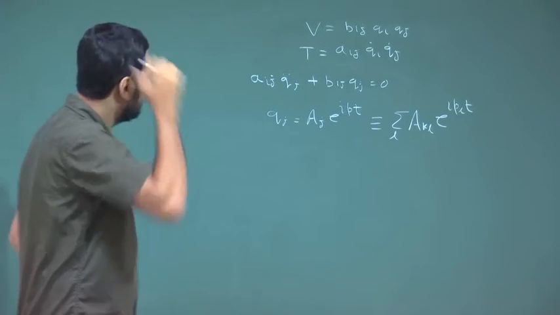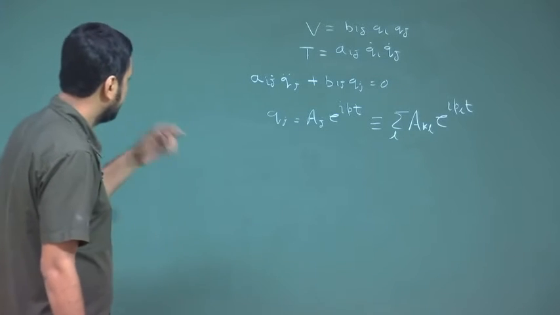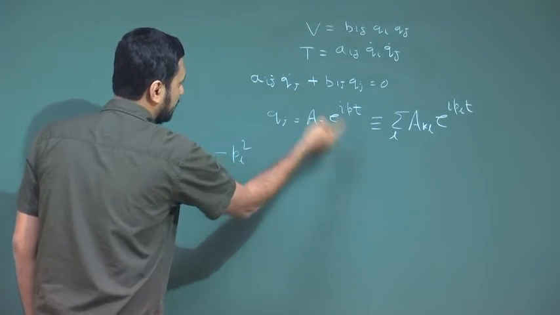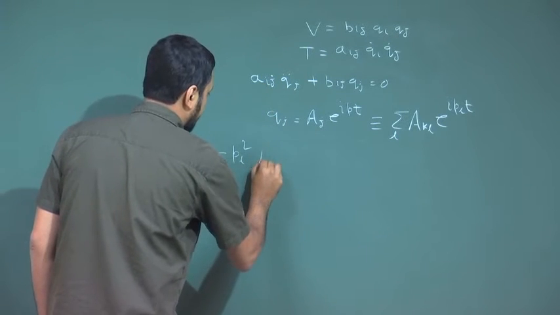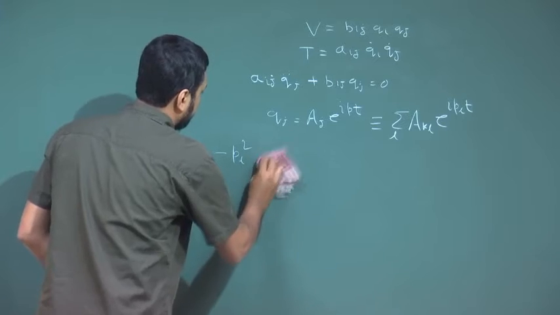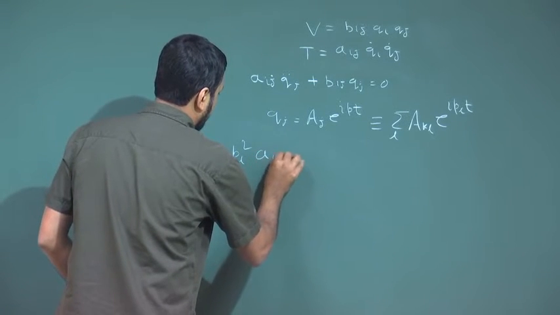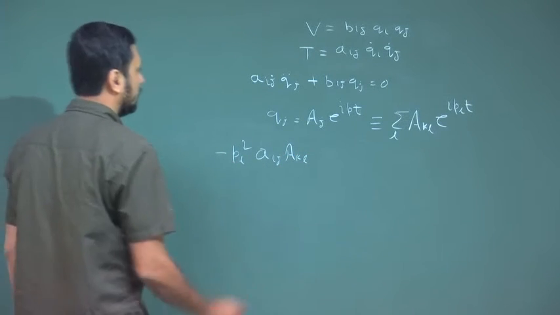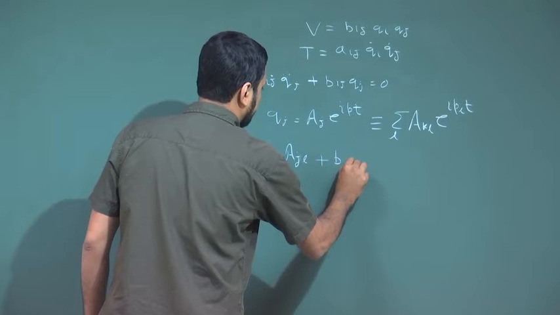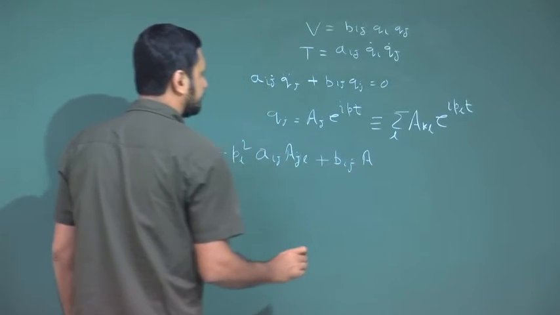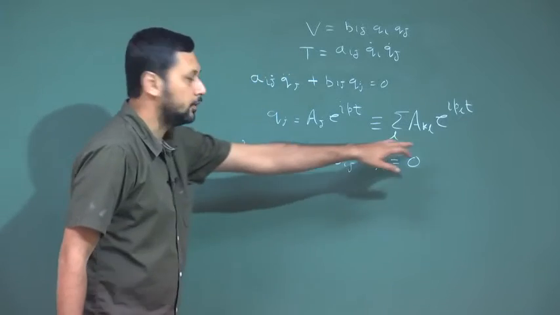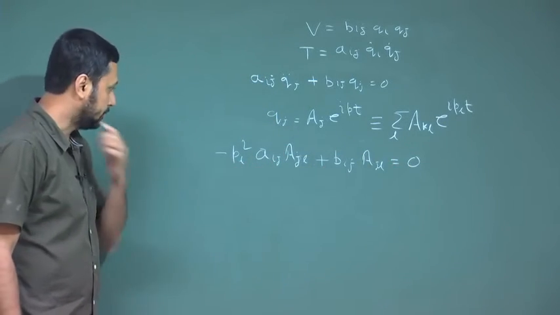We substitute this into the original equation, and we can rewrite it as minus p_l square A_ij A_jl plus B_ij A_jl equal to 0, where the indices have to match. The exponential term cancels out from both terms.